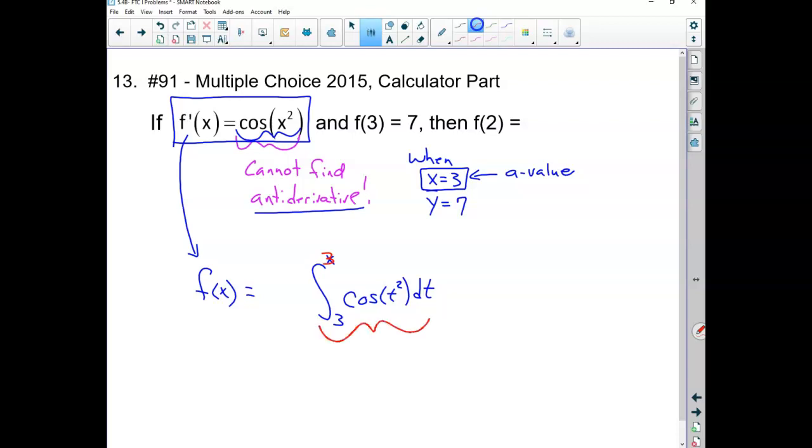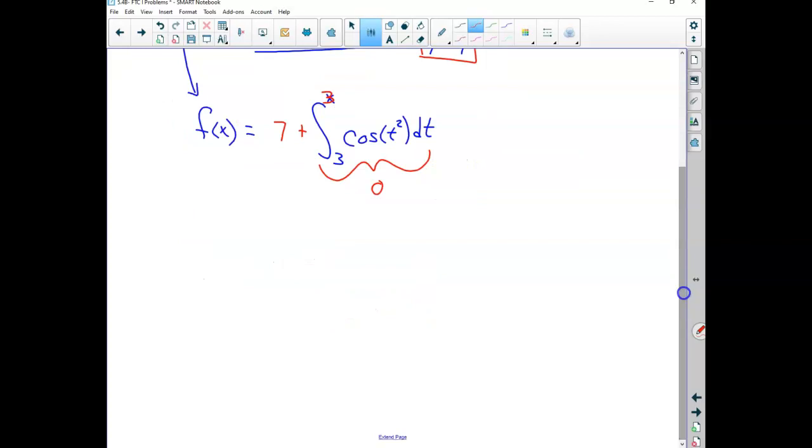This is 0. What do I need it to equal? I need it to equal 7. So I'm going to say plus 7. Okay? So I just figured out here, f of x is going to equal 7 plus my integral from 3 to x of cosine t squared dt.